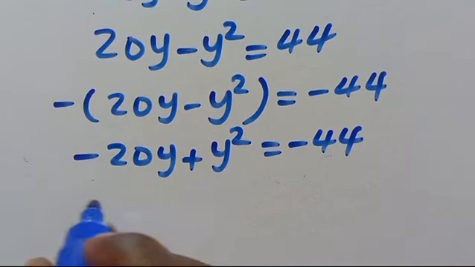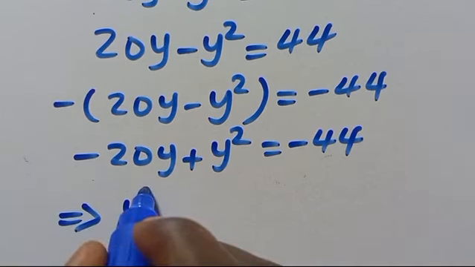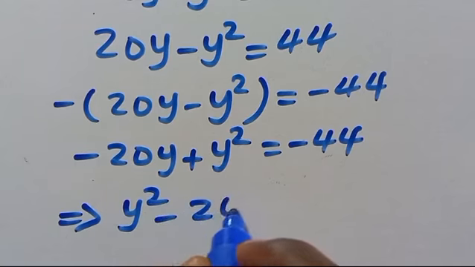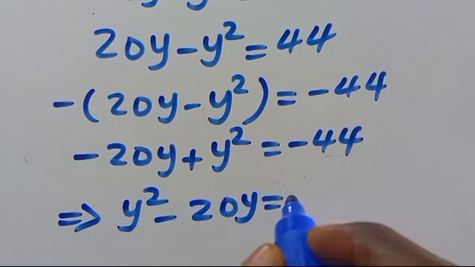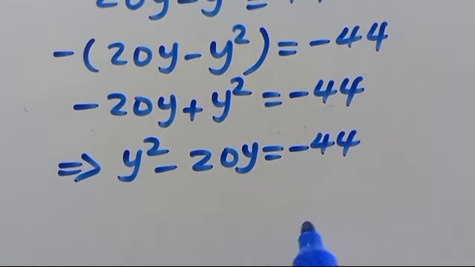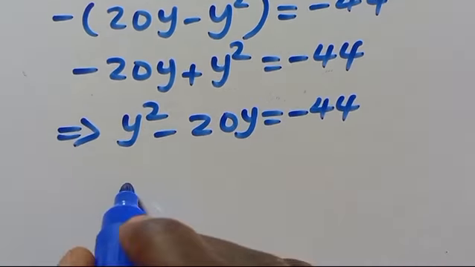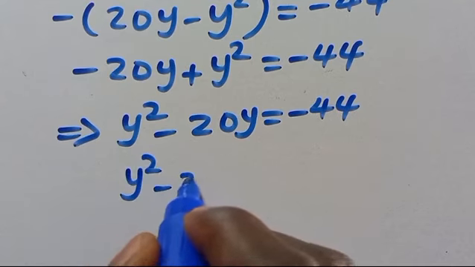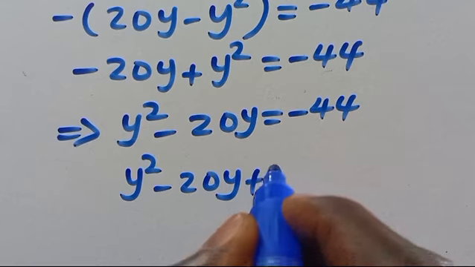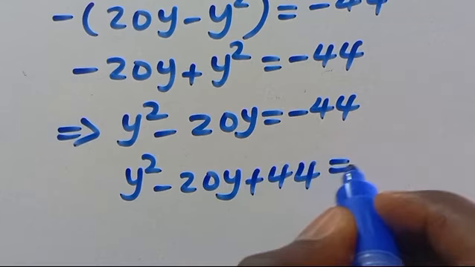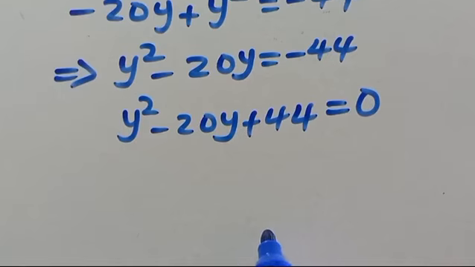Let's arrange this side first. We have y squared minus 20y equals minus 44. Taking this one here, we have y squared minus 20y plus 44 equals 0.